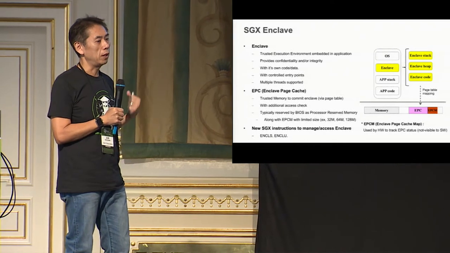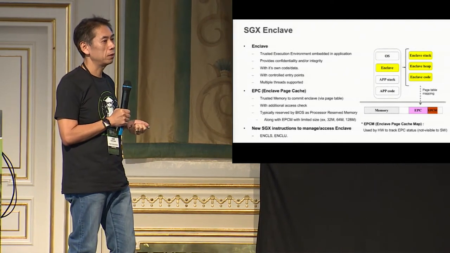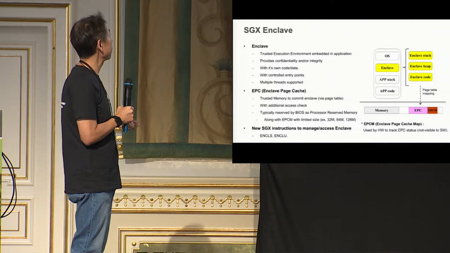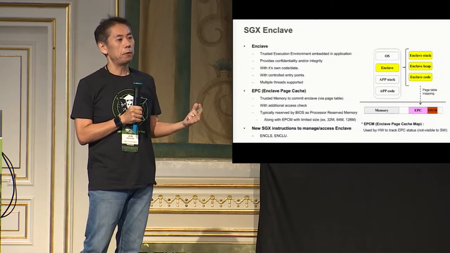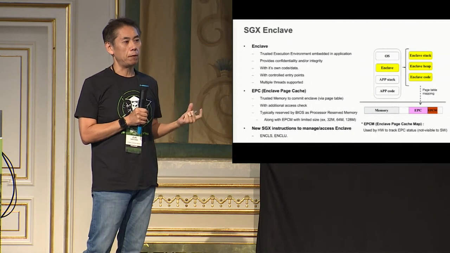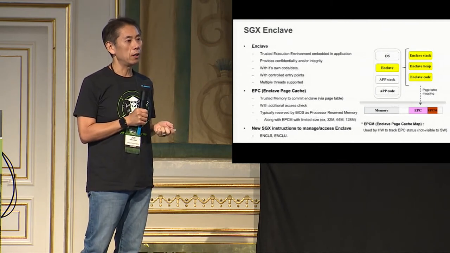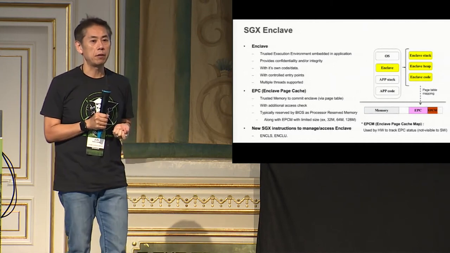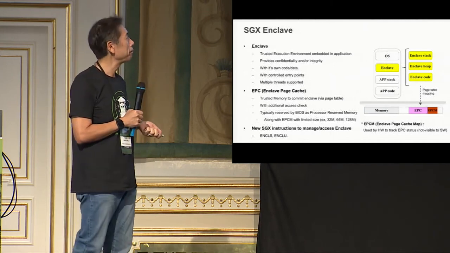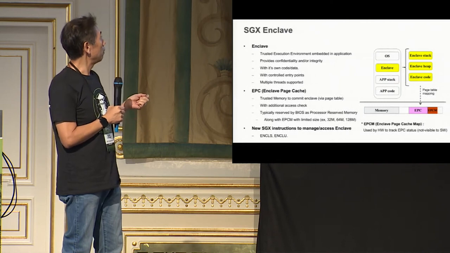Okay, there is a new instruction set for enclaves. Okay, and enclaves are mapped to special type of physical memory for encryption, which is called EPC, enclave page cache. Okay, this one, right?